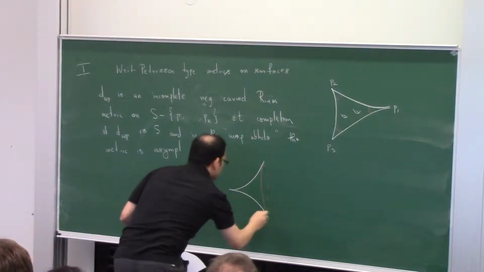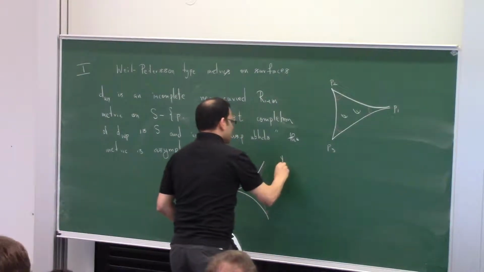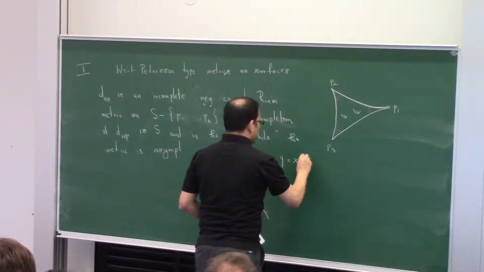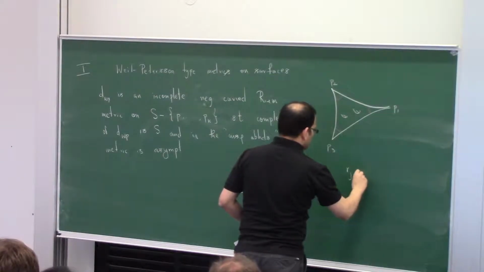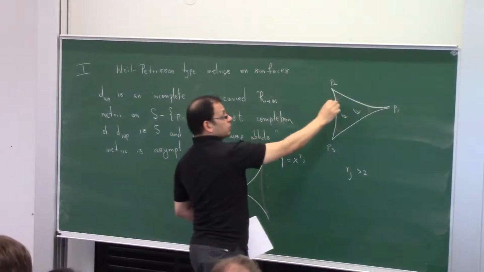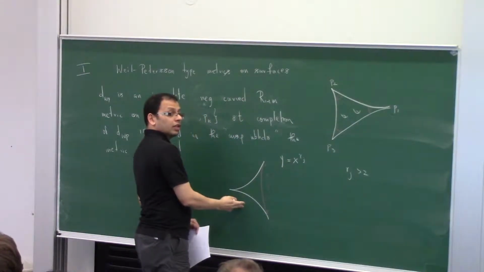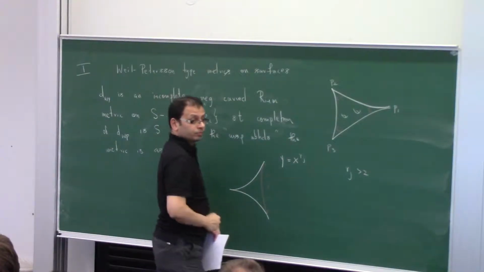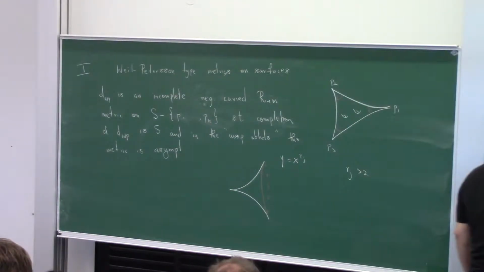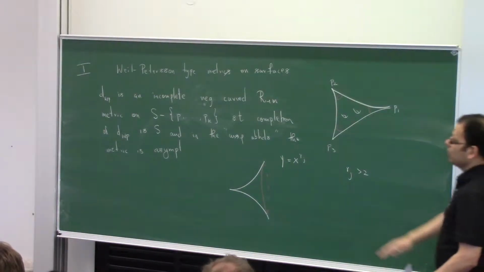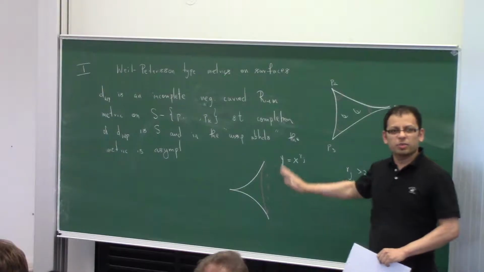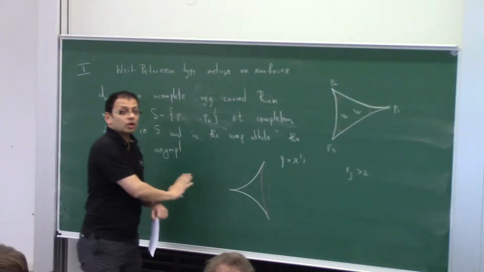This is a surface of revolution of y equals x to the power r_j for r_j bigger than 2. So near each cusp, at each of these neighborhoods, the metric asymptotically looks like a metric on the surface of revolution. I could be more technical here, but I will not. That's good enough for this talk.